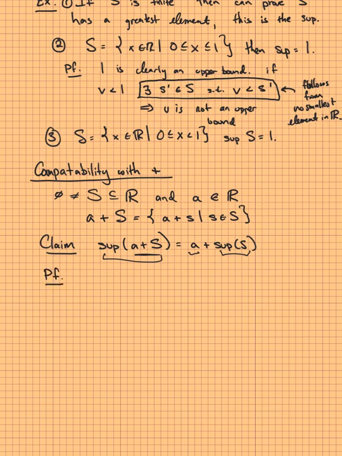So for the proof, we know that s is less than or equal to the sup of S for all s in S. And this implies that A plus s is less than or equal to A plus the sup S, by compatibility of the ordering with addition.